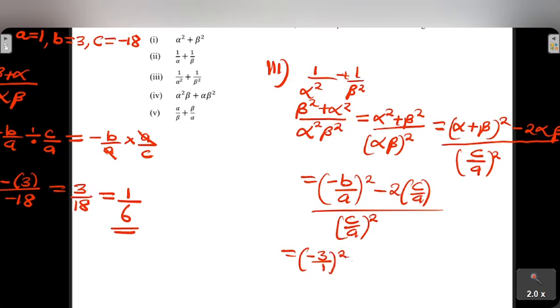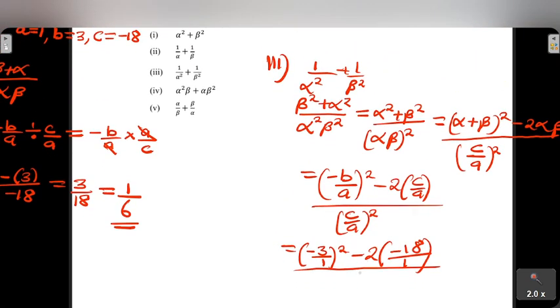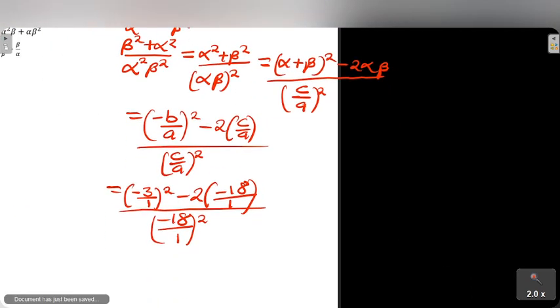Then this will be squared, minus 2 open, c is negative 18, divided by a, which is 1. Then here we're going to divide by our c, that's negative 18, over a, which is 1. Then this has to be squared there. Okay.